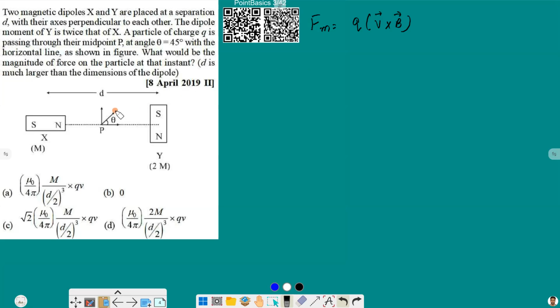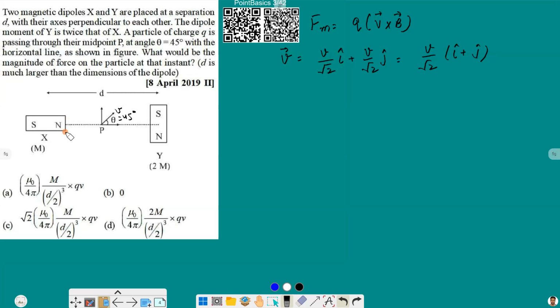Here the velocity vector, at theta equal to 45, is V cos 45 i plus V sin 45 j, or V by root 2 of i plus V by root 2 of j. So it is V by root 2 into (i plus j). This is the value of velocity. Now we have to find the magnetic field at point P, and then we will take the cross product.